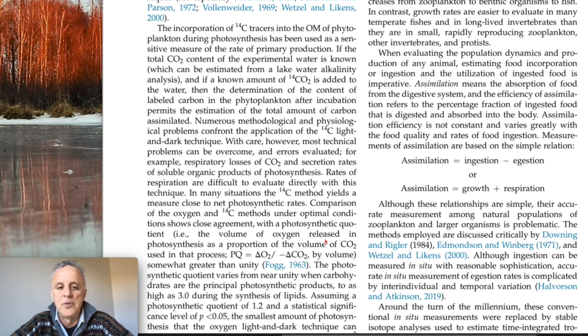If the total CO2 content of the experimental water is known, which can be estimated from a lake water alkalinity analysis, and if a known amount of carbon-14 CO2 is added to the water, then the determination of the content of labeled carbon in the phytoplankton after incubation permits the estimation of the total amount of carbon assimilated. Numerous methodological and physiological problems confront the application of the C14 light and dark technique.